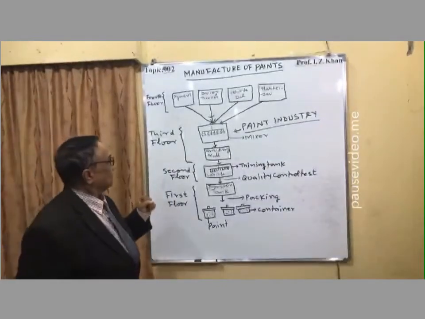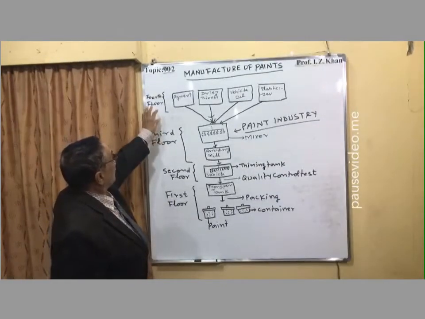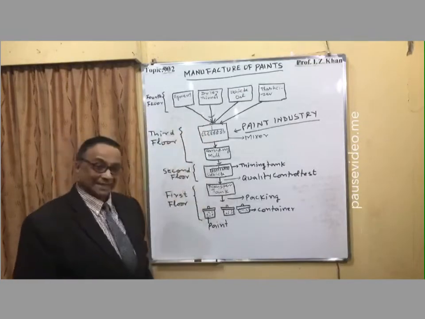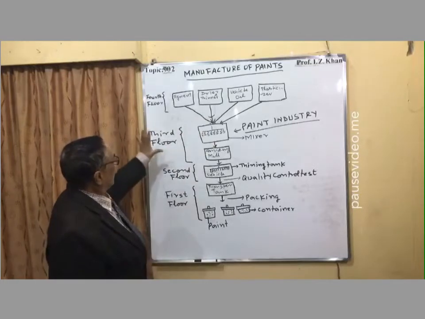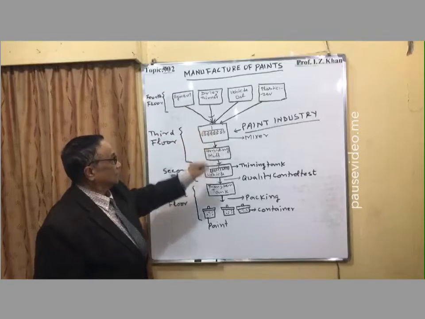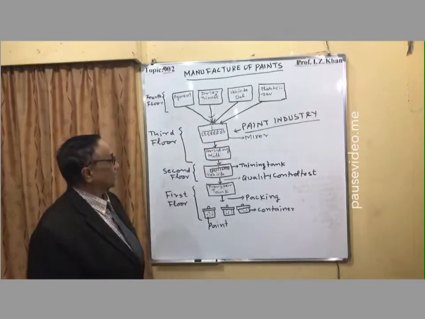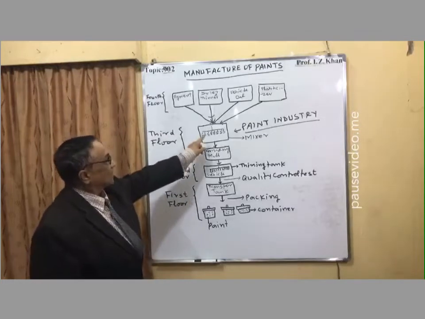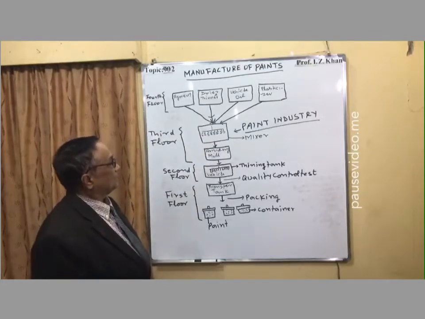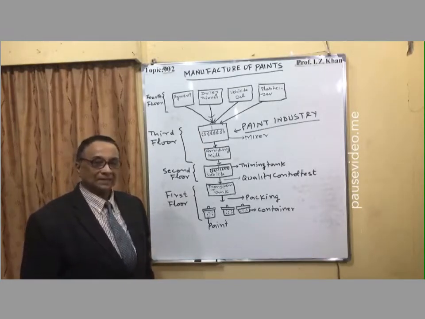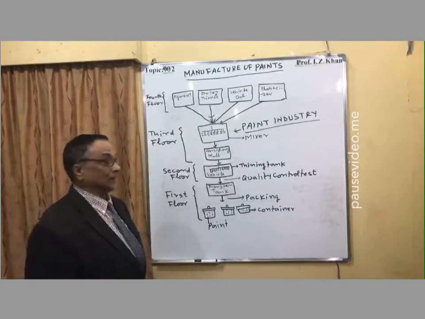So on the top floor, those four ingredients are in containers. Then they are mixed in the mixer, a big tank, in the required ratio and quantity. And here a Sigma type of machine is there, with very powerful mixer blades, and those blades will thoroughly mix. It's a mechanical device, automatic.